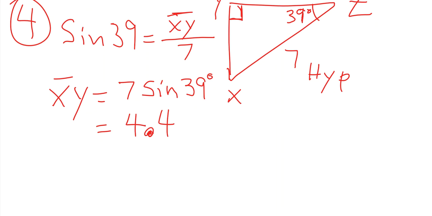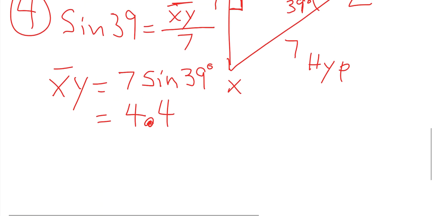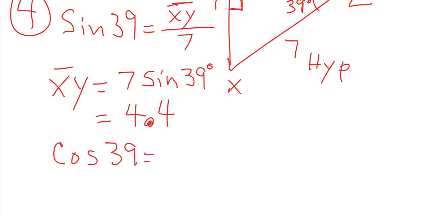Okay, now we need, obviously, the other side, which is YZ. How do we get YZ? Well, YZ we can do with cosine. Cosine of 39 is equal to YZ divided by 7.